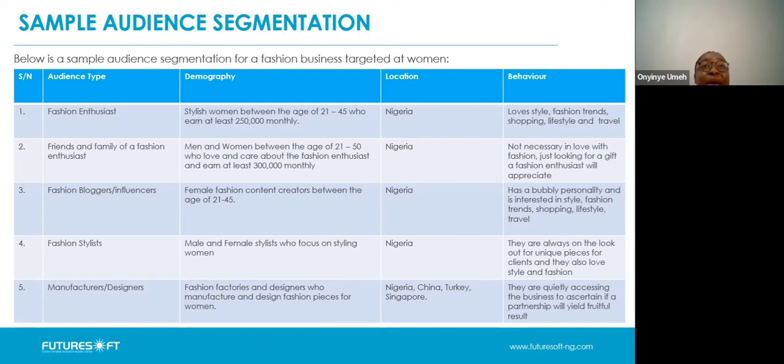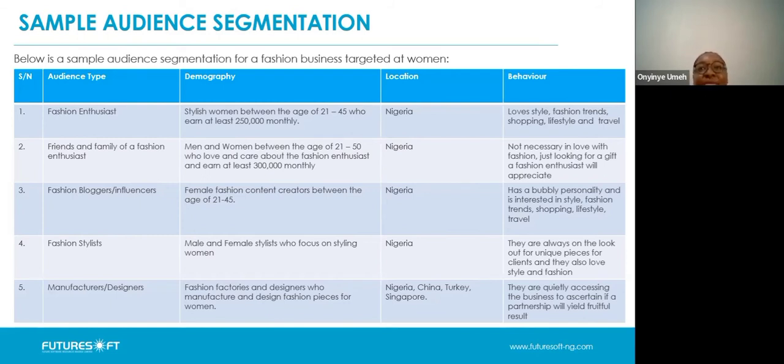Another way that I think is effective for businesses to target all of their segments in one go is to focus on their primary target audience. Because when you reach the people that you actually want to reach, you'd be able to reach all of the people around them. I don't know if I'm making sense, but for instance, this business's primary audience is the fashion enthusiast.